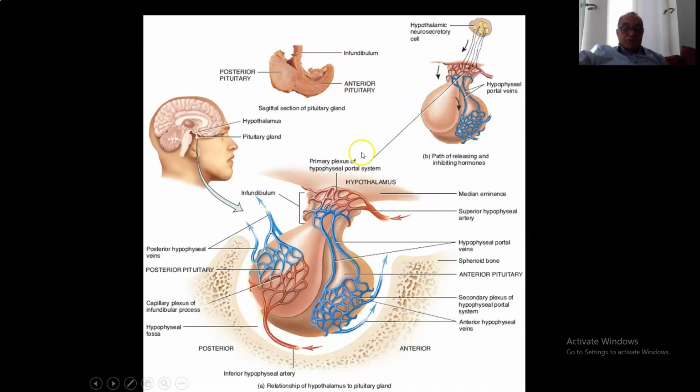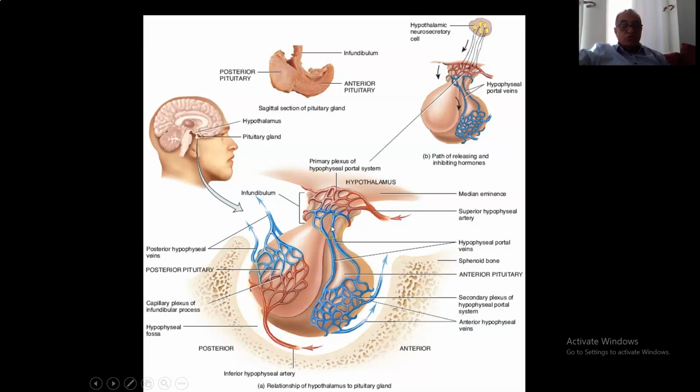One important factor in the pituitary, since we're talking about the blood supply: you know that the hypothalamus has arterial supply and venous drainage. The venous drainage of the hypothalamus takes you to another plexus of veins, like a portal circulation, plexus of veins connected to plexus of veins, and this is a very important issue because this portal circulation carries all the factors controlling the hormone secretion from the anterior pituitary gland and is the basis of all the feedback mechanisms of the hormones of the human body.